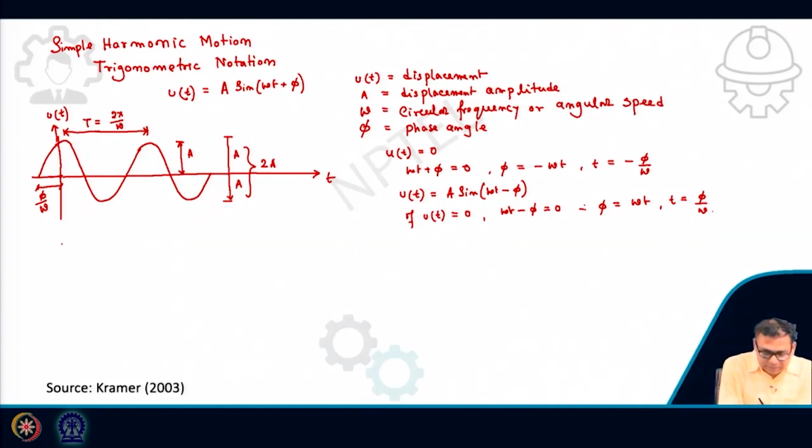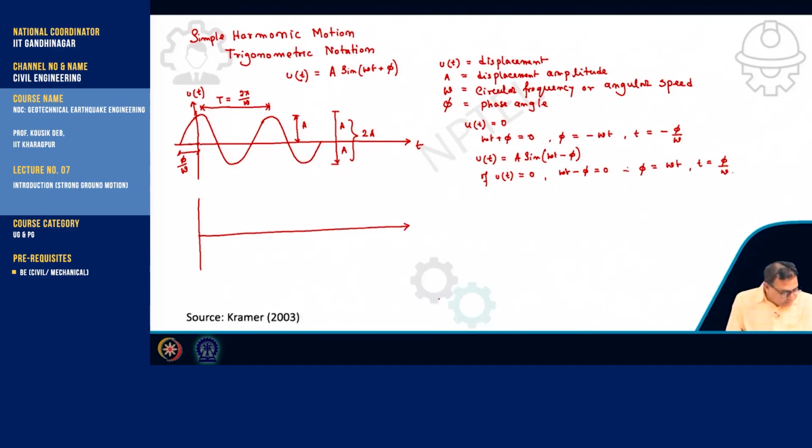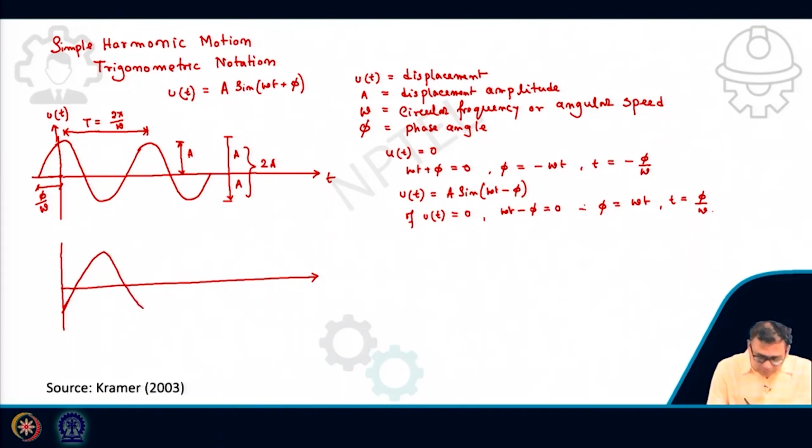Now the second case, when your phi is negative, then this is phi by omega. In that case, it will start from here, then it will reach here, then it will come down like this.